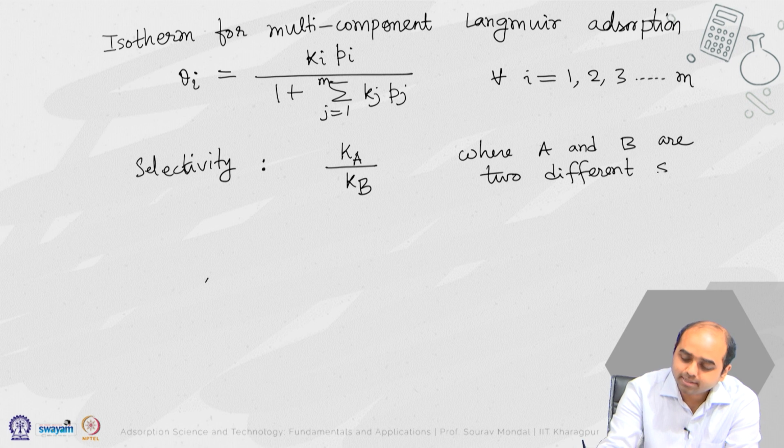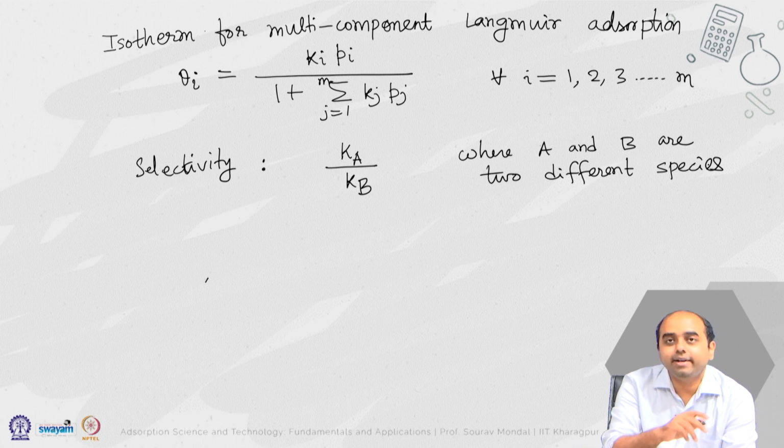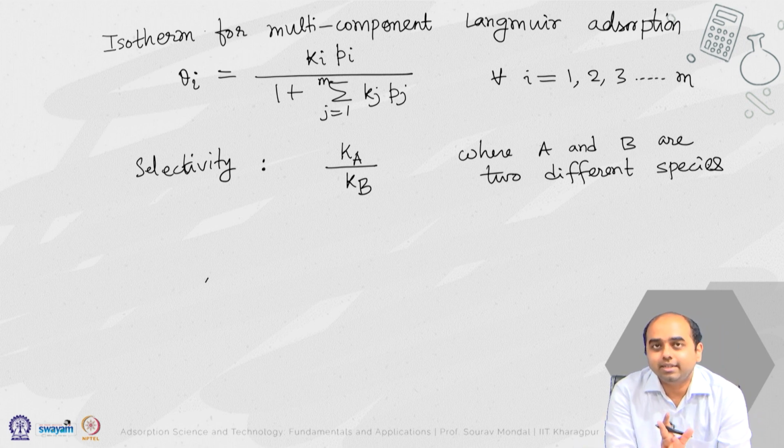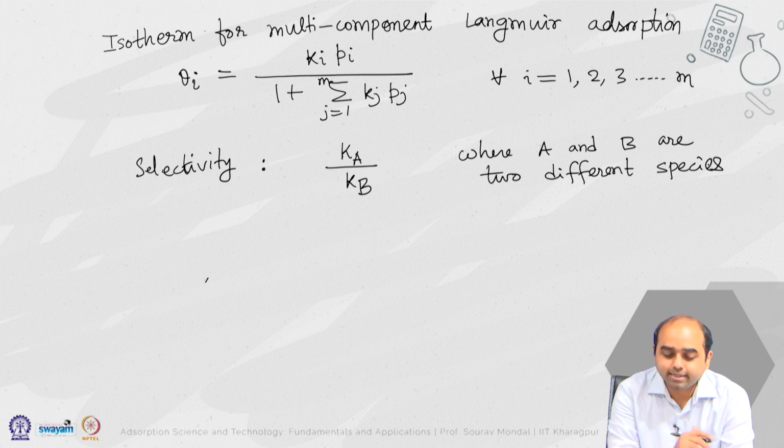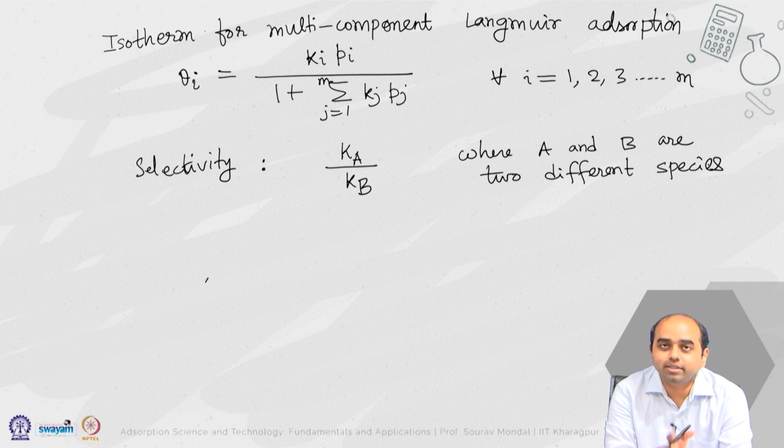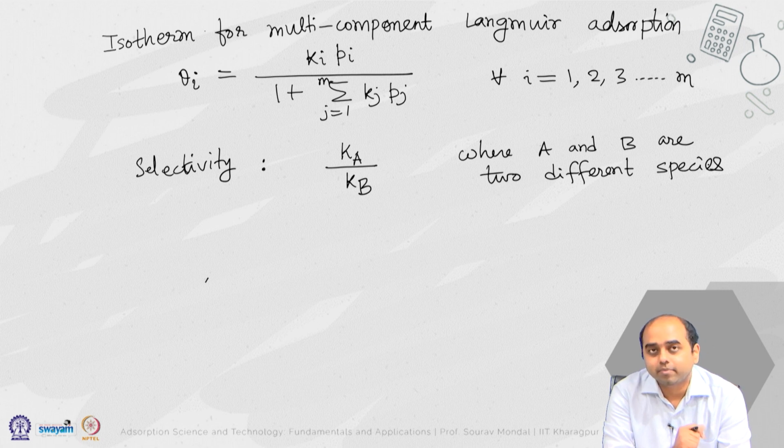It can be defined for any species present in the mixture, and this selectivity should be much larger than 1, so that one particular species is preferentially adsorbed more compared to the other species.